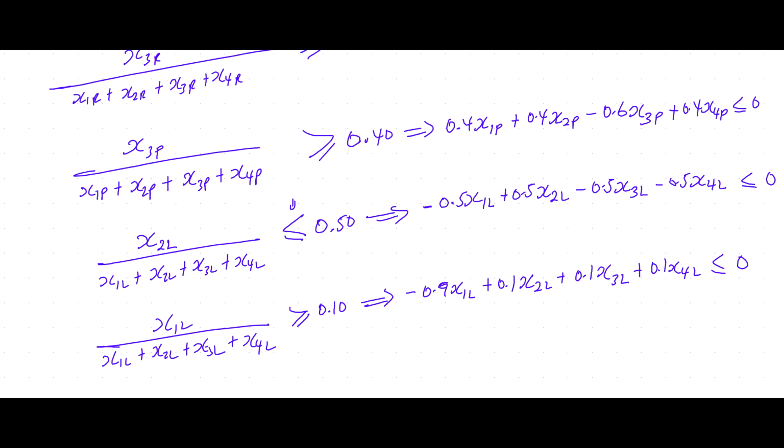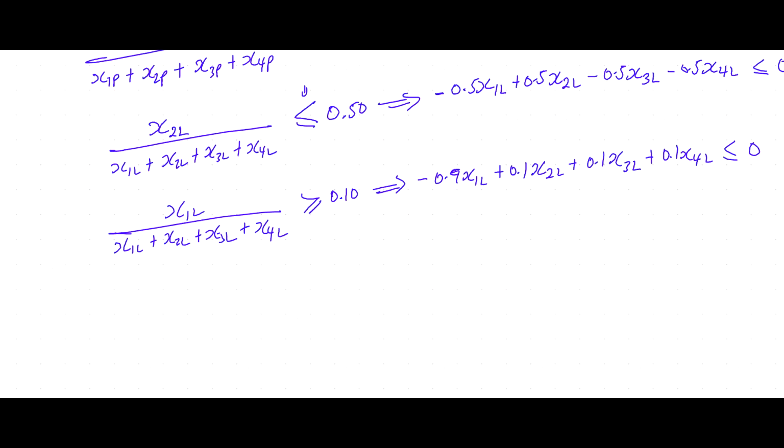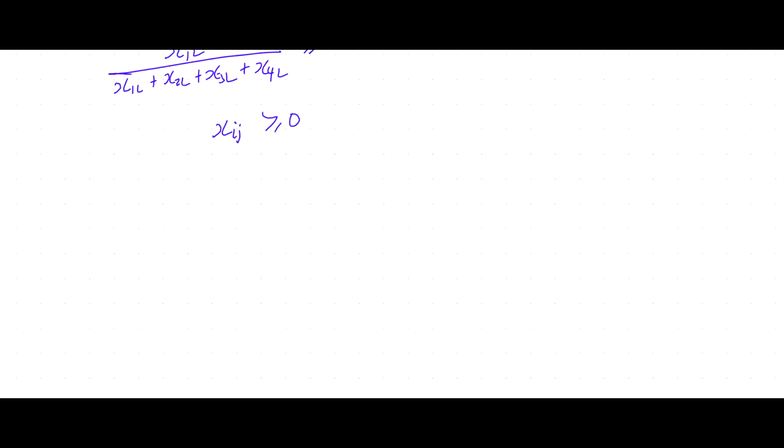Then, as usual, we have the non-negativity rule, which is Xij should be greater than or equal to 0. So, in summary, the model is actually one.